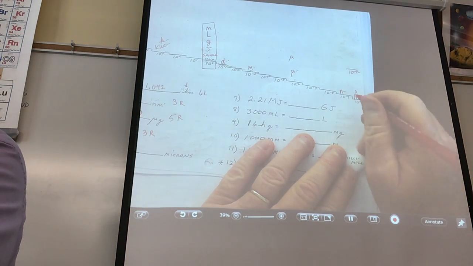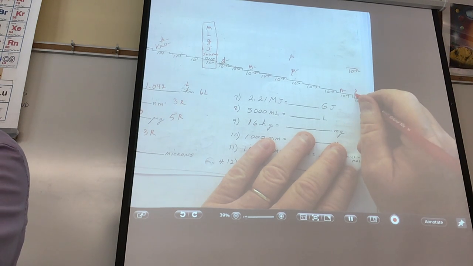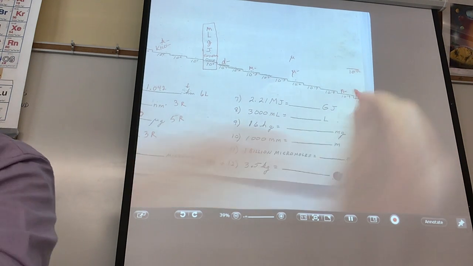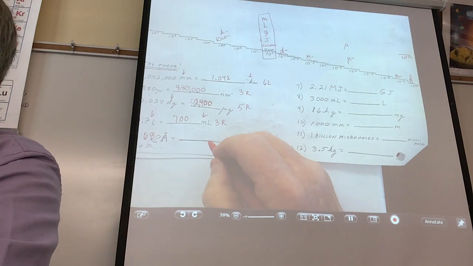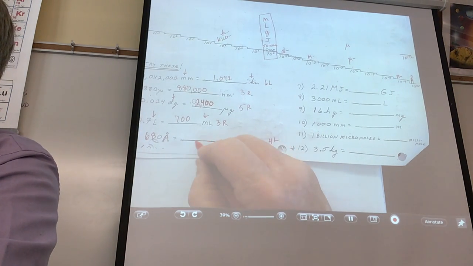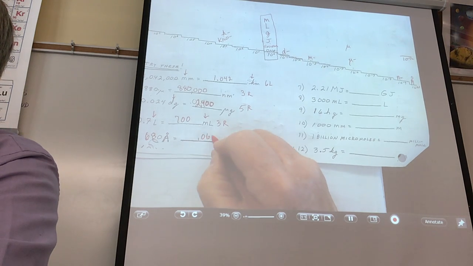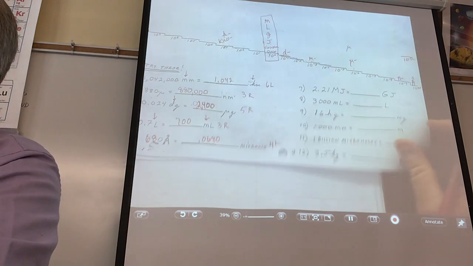All right, how many steps in what direction? It's 4 to the left. Okay, so 4 to the left. What's your final answer then? 0.0680.